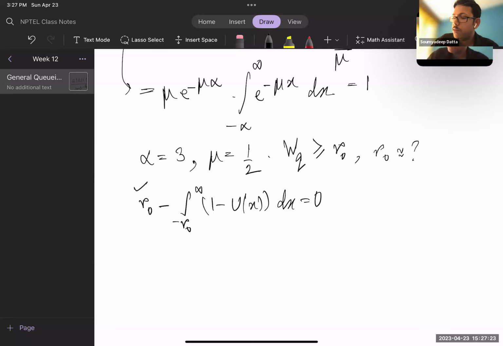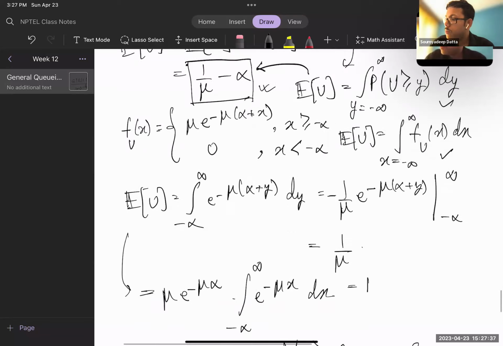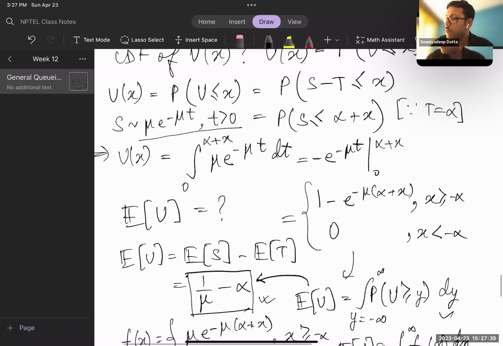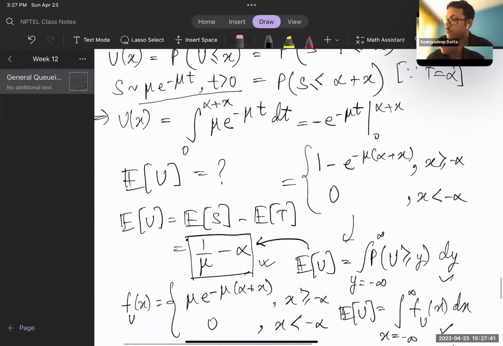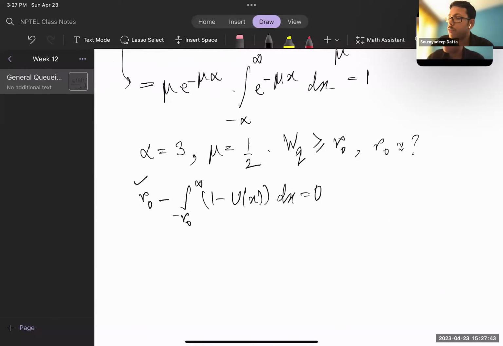So this is the integral equation that we have to solve to obtain this lower bound, like this from the theory. And so we know the value of u of x. This quantity 1 minus u of x is nothing but the CCDF.